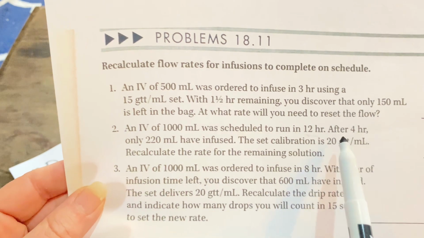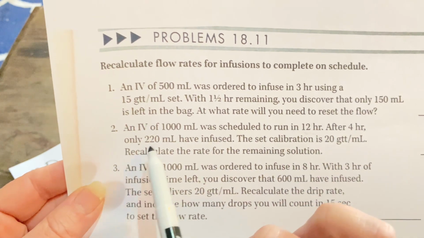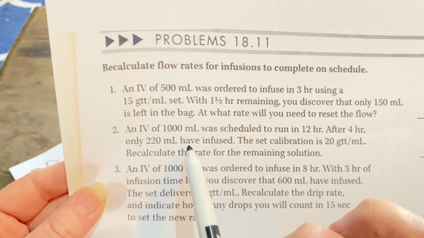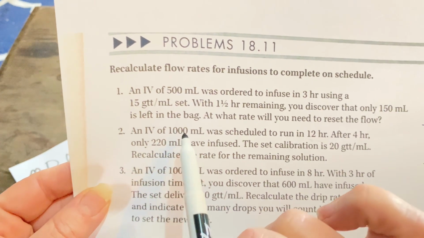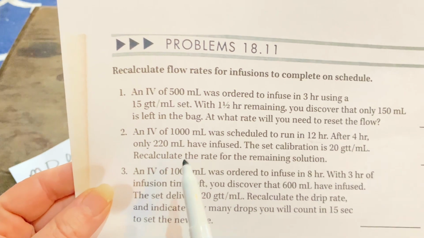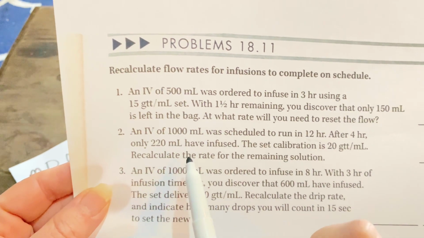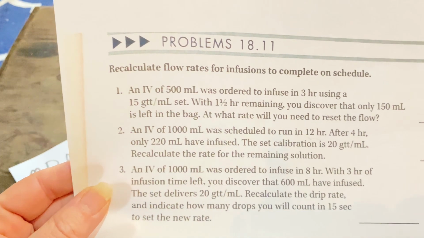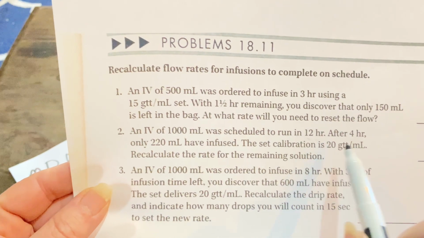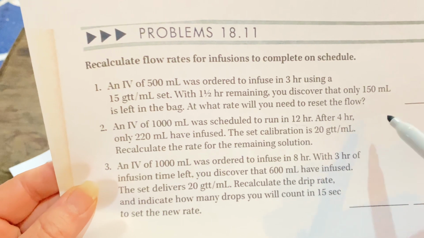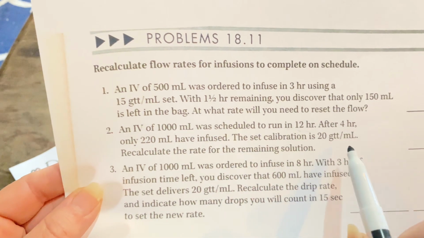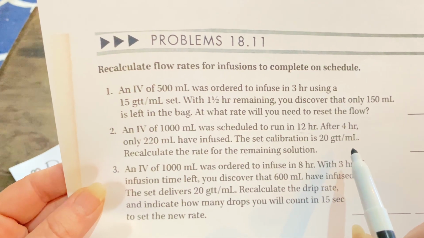And it said after 4 hours, only 220 has been infused. So you have to subtract 220 from 1,000 to find out the remaining amount that you will have to calculate over 8 hours. And it's a 20 drop set.